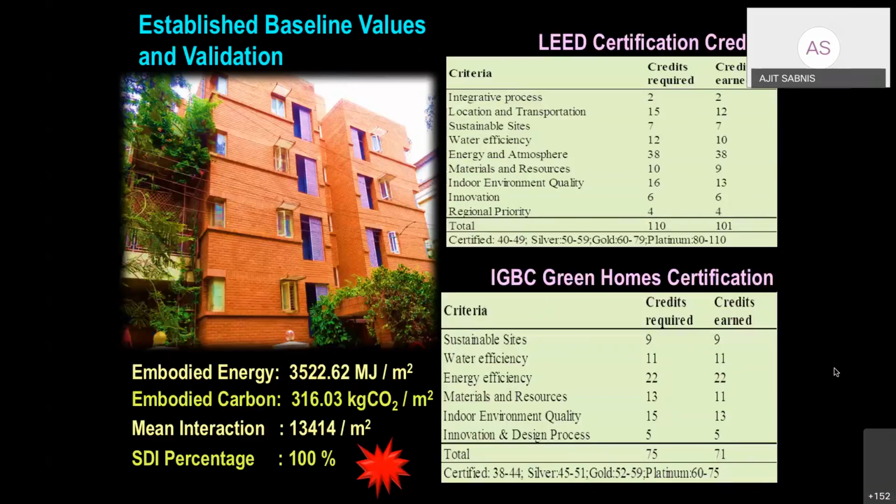So this particular benchmark building, which is being considered for comparison, gets validated from all perspectives. This is how we establish the benchmark values for a particular building. So now we have all the parameters which are required for comparison.